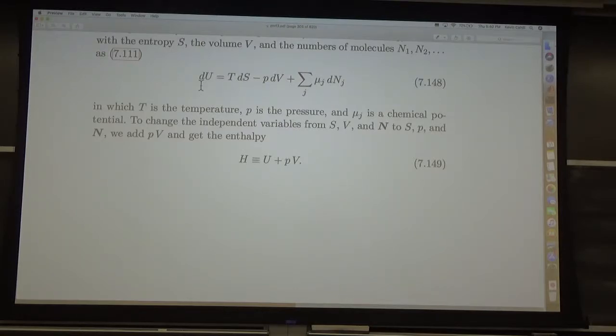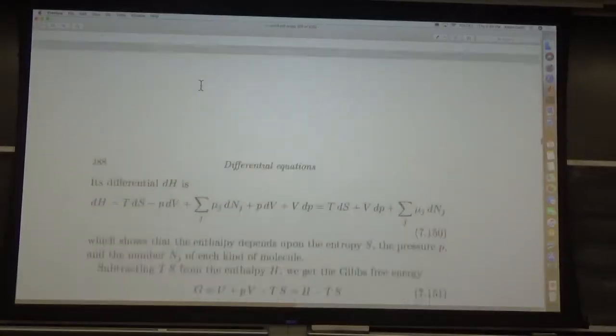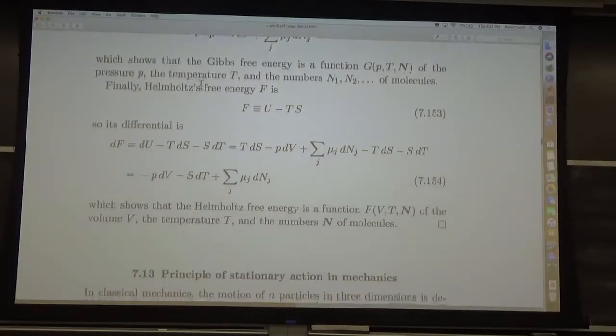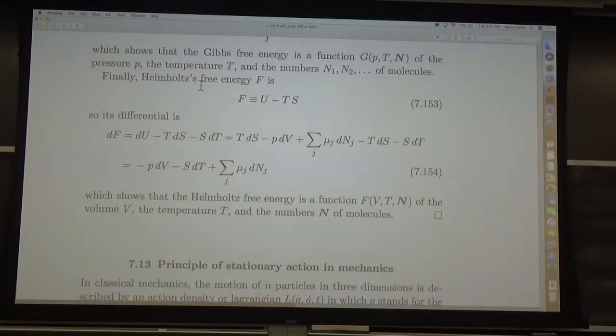And so it's not obvious what that is. So one of Gibbs's many contributions was to invent a free energy that experimenters could compute, because they could measure the pressure, the temperature, and the numbers of particles.